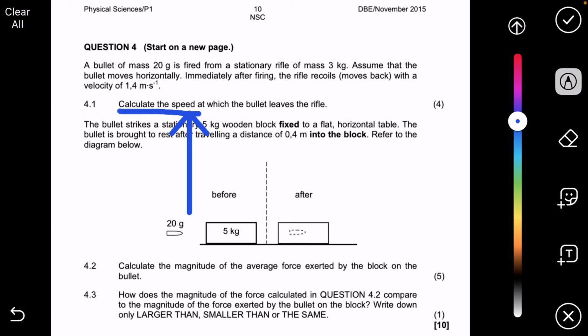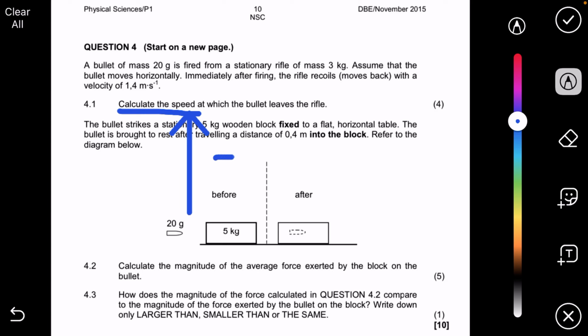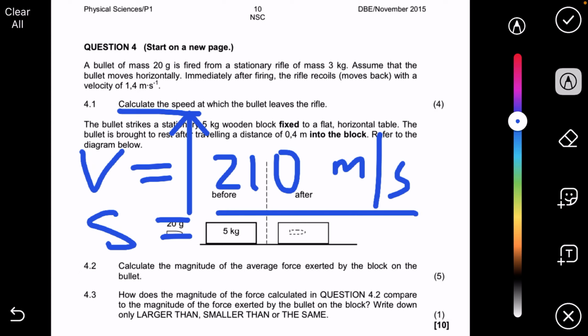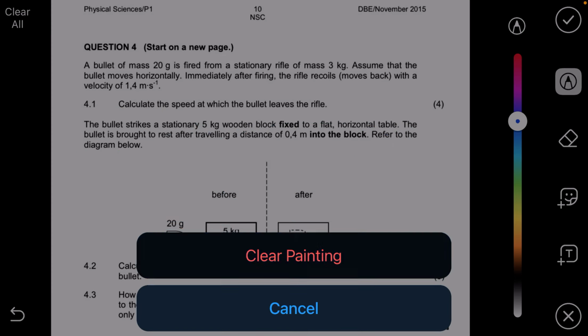Let's say when you calculate, you find your speed to be 210 meters per second. You can either say v is equal to, or otherwise say speed is equal to, and this is the answer that we get. No need to say to the right or to the left. You can just give that answer. That's it, ladies and gentlemen.